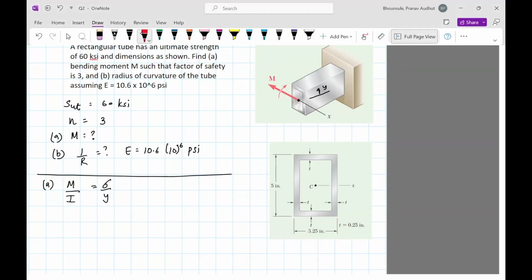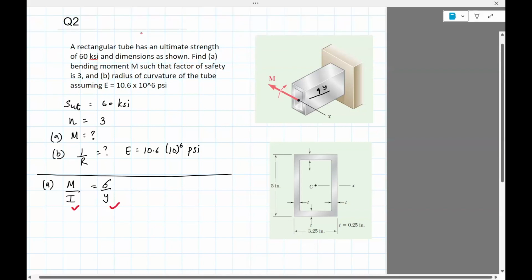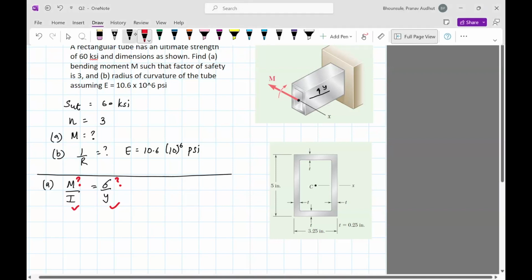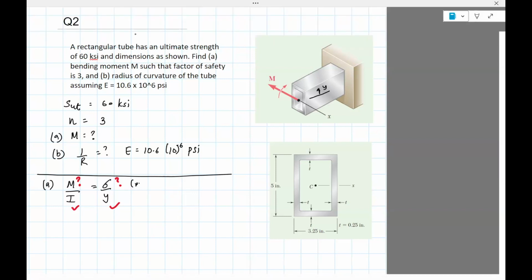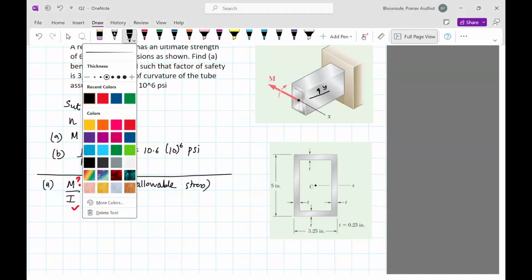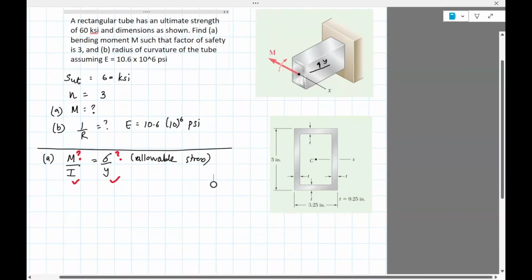And if you're given the geometry, we can pretty much compute I and Y, M is the unknown. And here, unfortunately, sigma is also unknown. But perhaps we can compute the allowable stress. Sigma is, in this case, the allowable stress. Maybe we can compute the allowable stress given that we know the factor of safety.